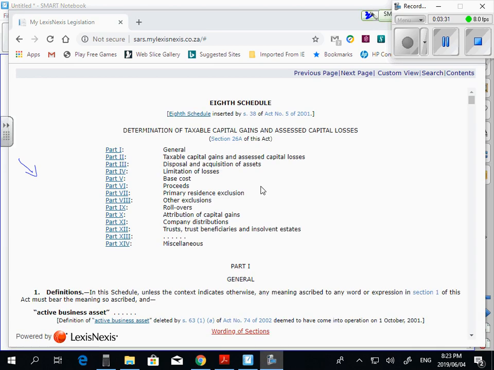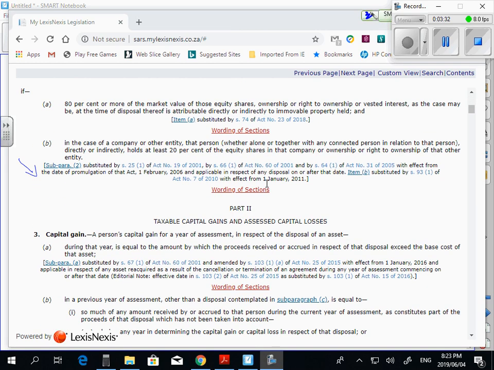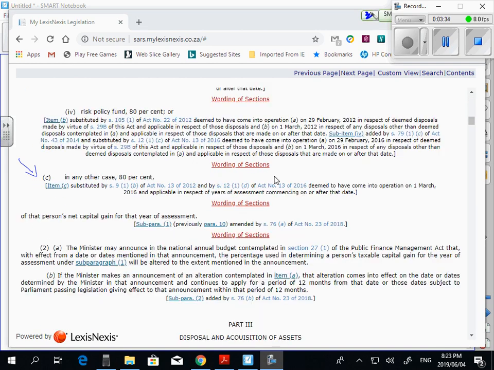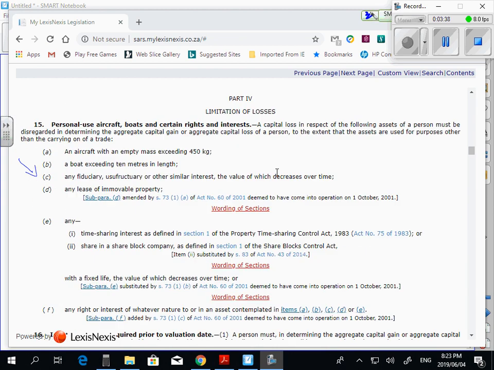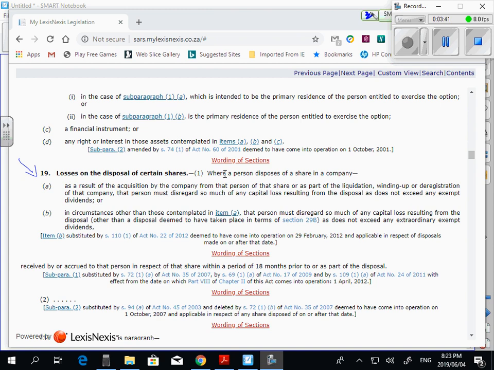So I want you to have a look at 19(1)(a). Sorry. 19(1)(a) is for liquidation, so losses on liquidation. Look what it says.